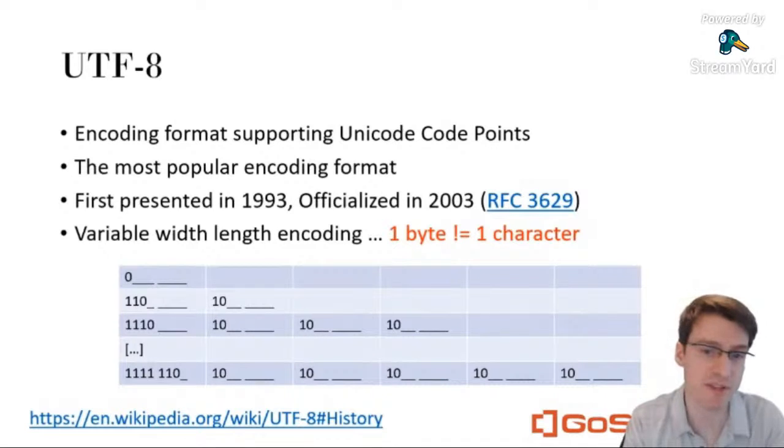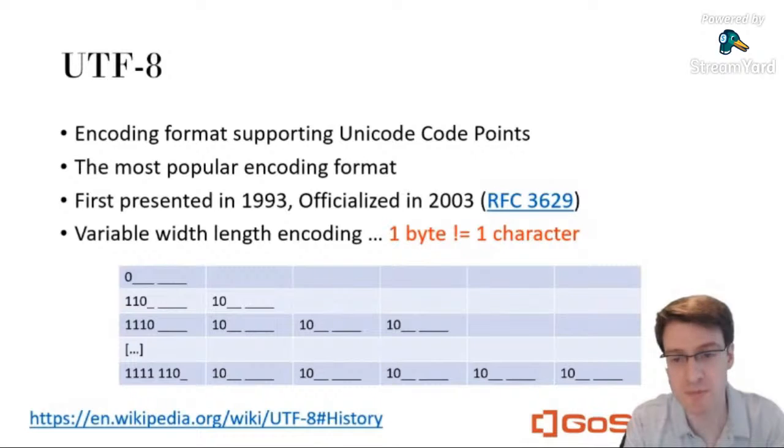One of its objectives was being backward compatible. So all ASCII characters in the standard character set will actually be encoded the same way. But for every character that would have fallen in the extended character set, so any other special character, the first bit will be 1.